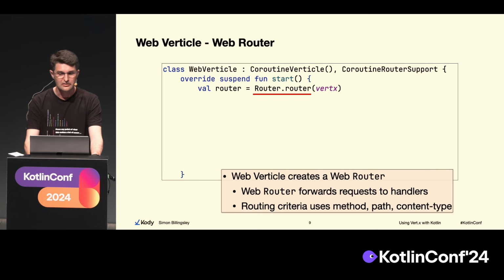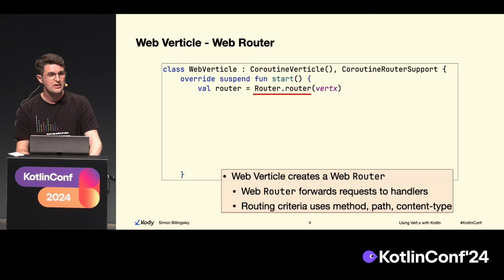So here is the web verticle, and it creates a web router which forwards HTTP requests to registered handlers. Many different routing criteria can be used together, such as the method, path, or content type.